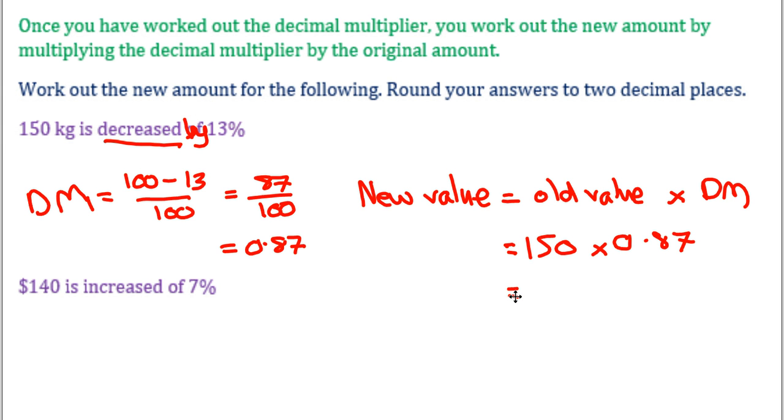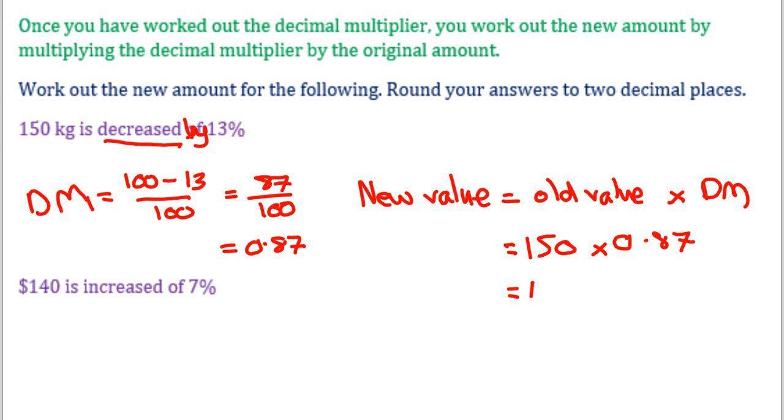So plug this in the calculator now. 150 times 0.87. Not necessarily going to be expecting you to do these without a calculator, of course. Did you get 130? It's kilograms, and we want 2 decimal places. Round any answers to 2 dp.